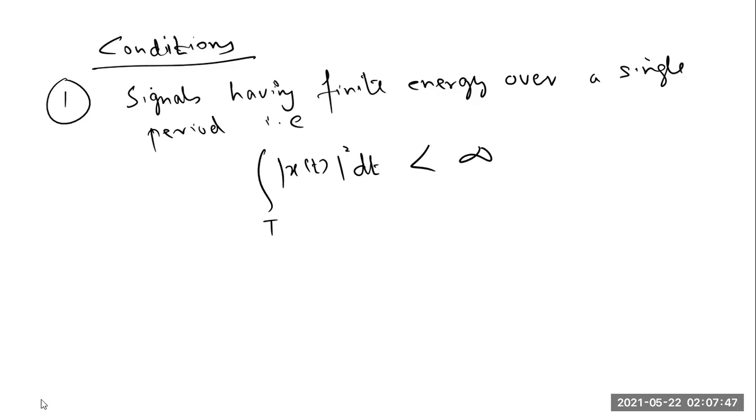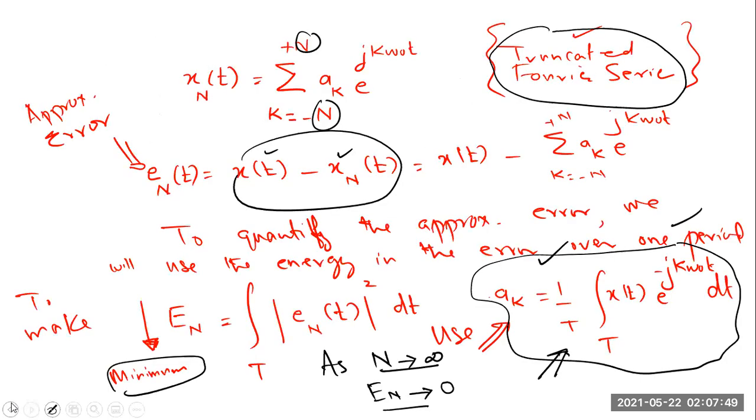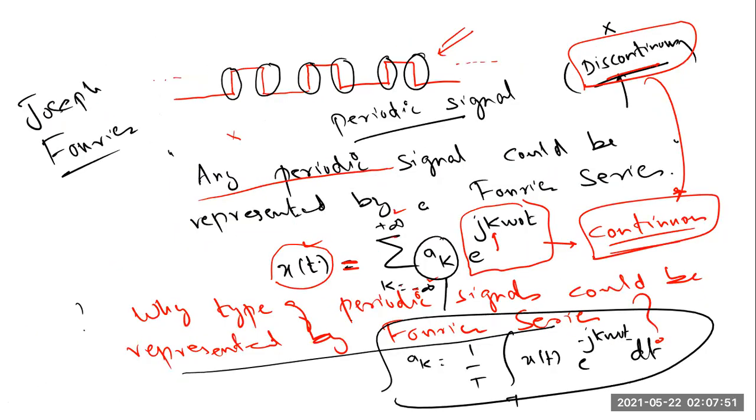So one important point that you also need to understand is when we say that x of t is having a Fourier series like this, it means we should be able to find all Fourier coefficients. And it's also important that all Fourier coefficients are finite, because if you get any Fourier coefficient infinite, it's not possible to take the summation of infinite number.